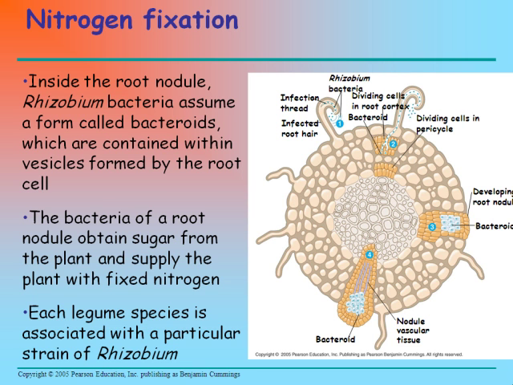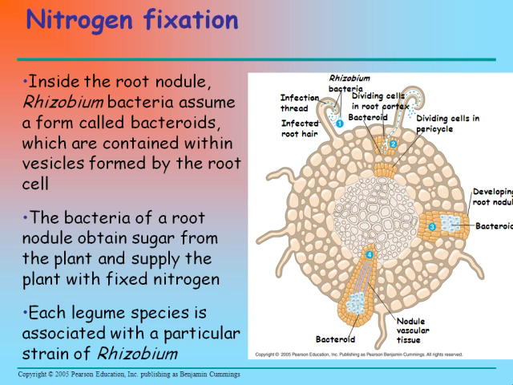Within the infection thread, cells of the cortex and pericycle, down here, begin dividing, and vesicles containing the bacteria bud into cortical cells from the branching infection thread. So this results in the formation of a bacteroid.